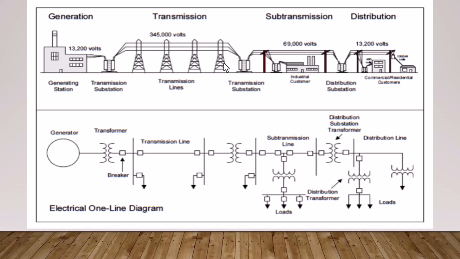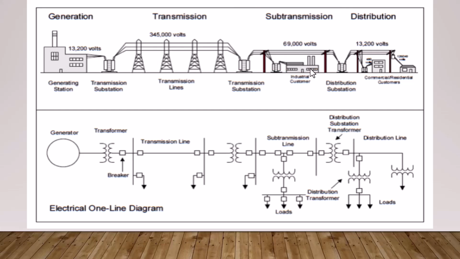High voltage is essential here because it reduces the current and therefore minimizes I²R losses, or energy lost as heat. These transmission lines carry bulk power over hundreds of kilometers to different parts of the grid. At the end of the stage, another transmission substation steps the voltage down slightly for the next level. In the next stage, sub-transmission.